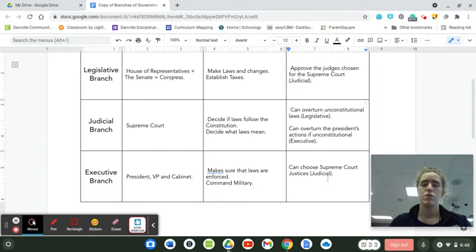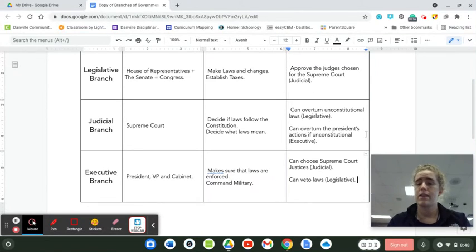Okay. So what happens is when a law is made by the legislative branch, that law has to go to the president, okay? And then what the president does is he can veto the law, which means that a law is put into place, okay?